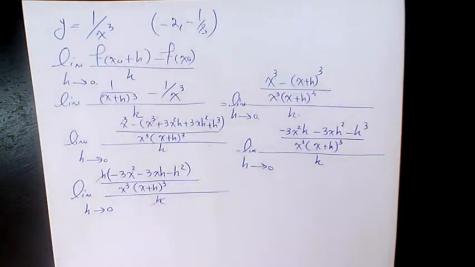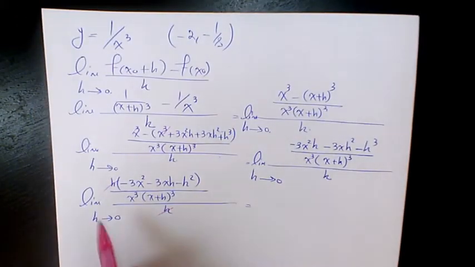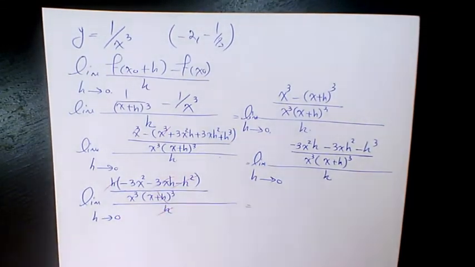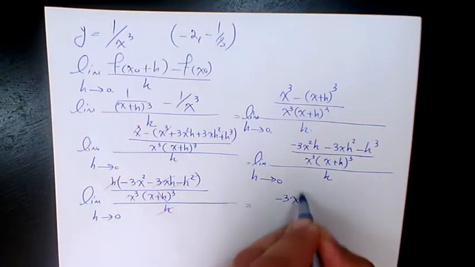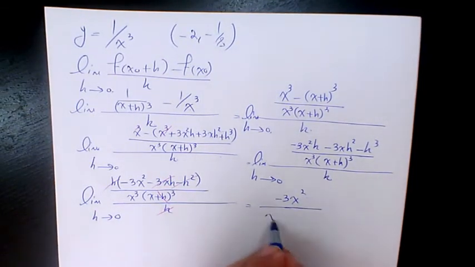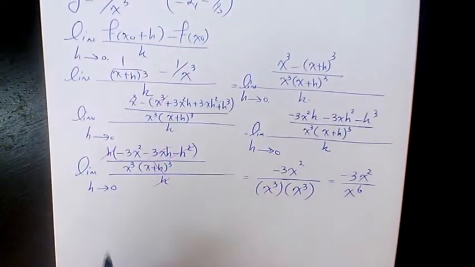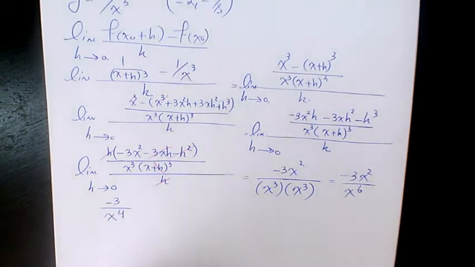These two cancel out, and when h approaching 0, these two cancel out as well, and this h as well. So we're going to have -3x squared divided by x cubed times x cubed. So it's going to be -3x squared divided by x to the power of 6. When you simplify it, it's going to be -3 divided by x to the power of 4.